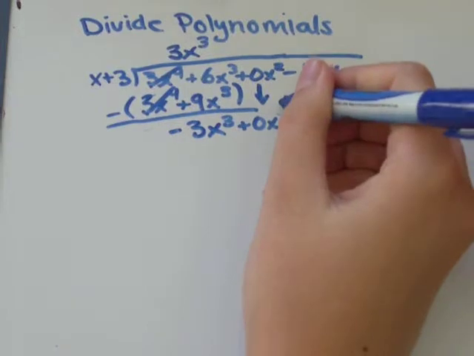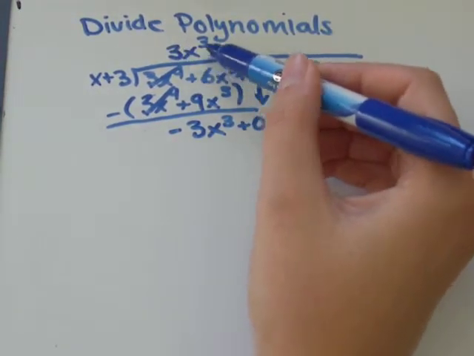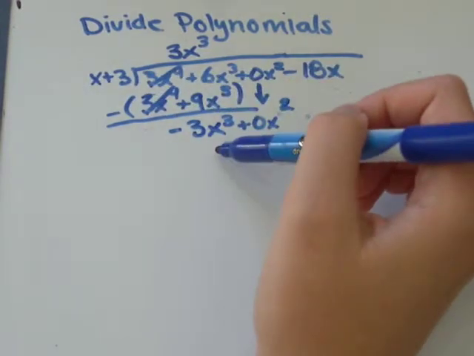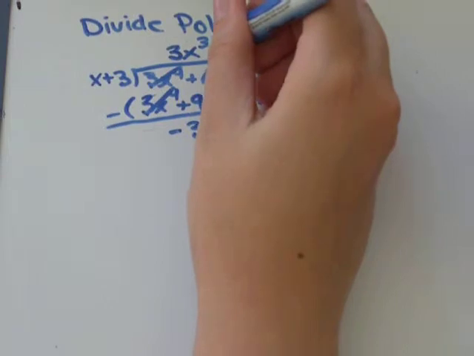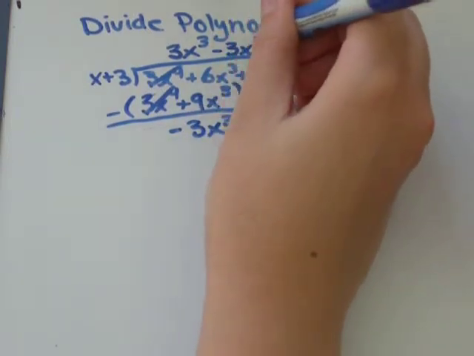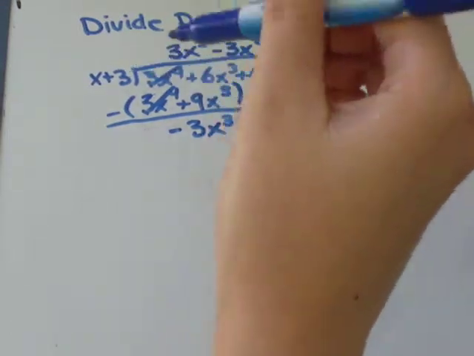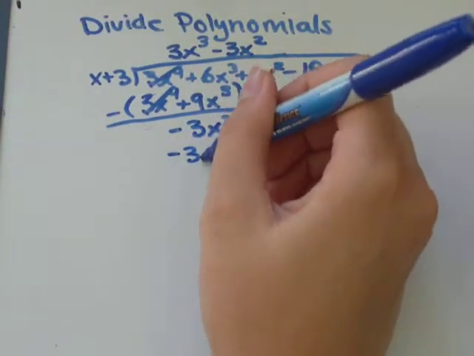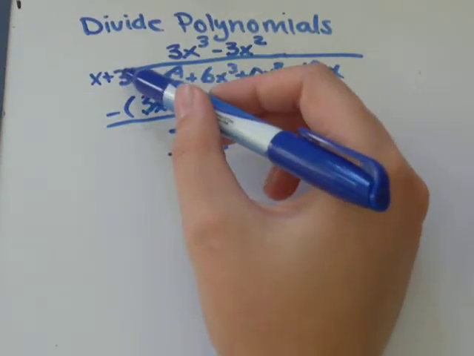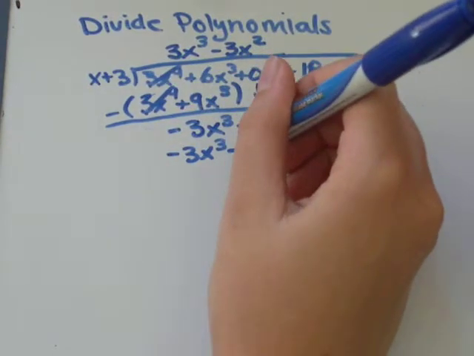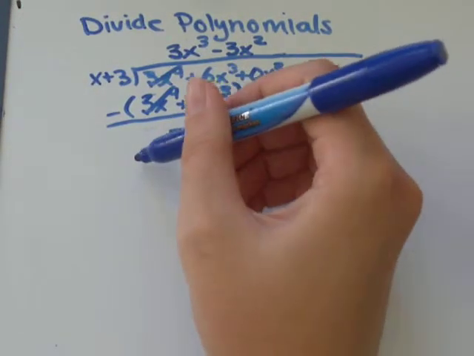And I do it all over again. What combination of letters and numbers multiplied by x will give me negative 3x cubed? Probably negative 3x squared up here, because negative 3x squared times x will be negative 3x cubed. Negative 3x squared times 3 will be negative 9x squared.